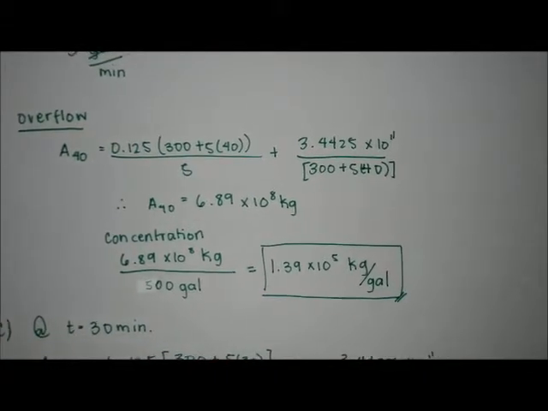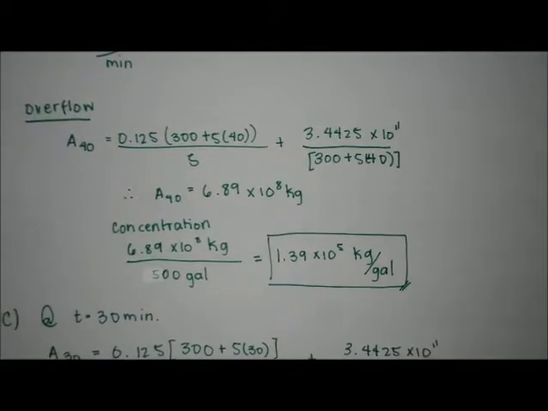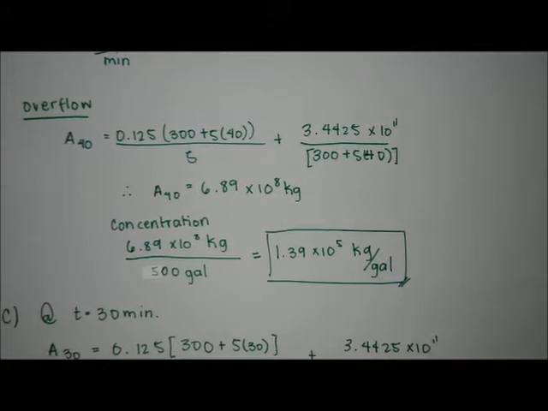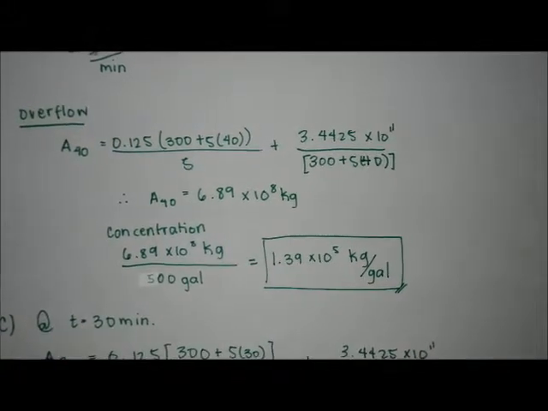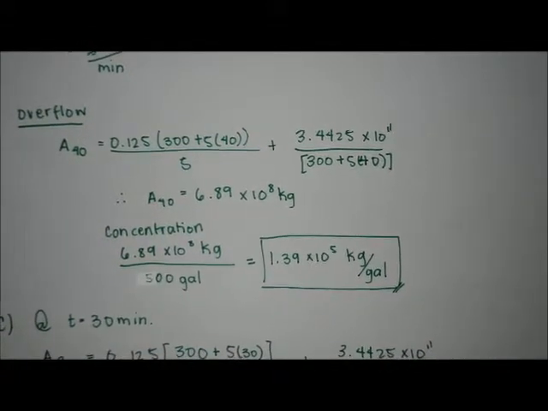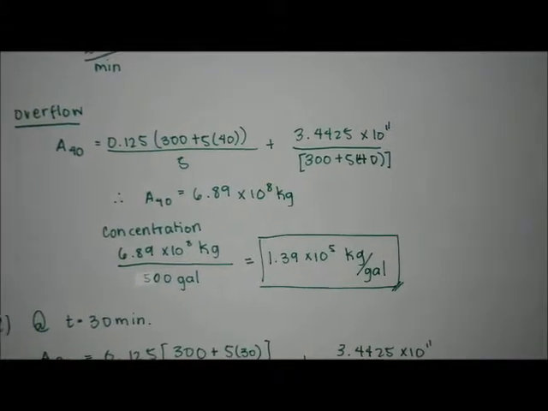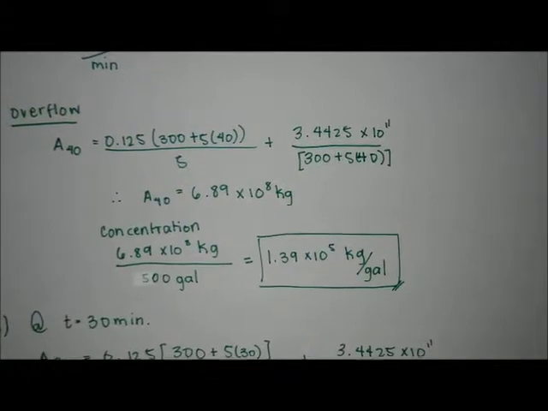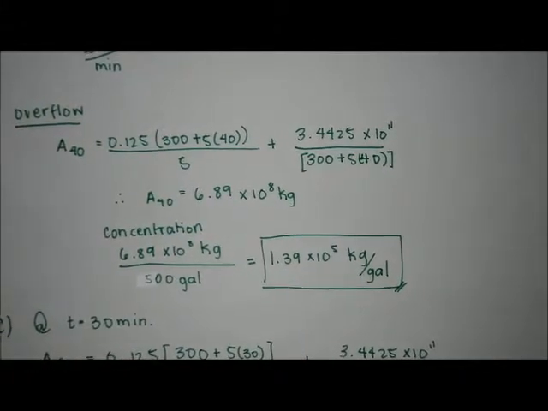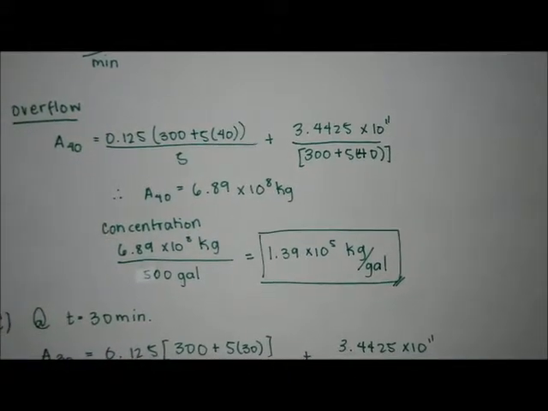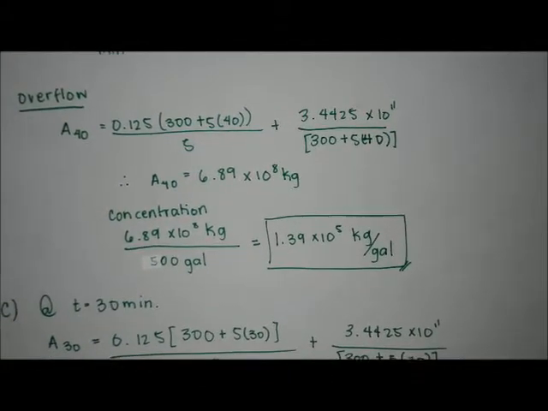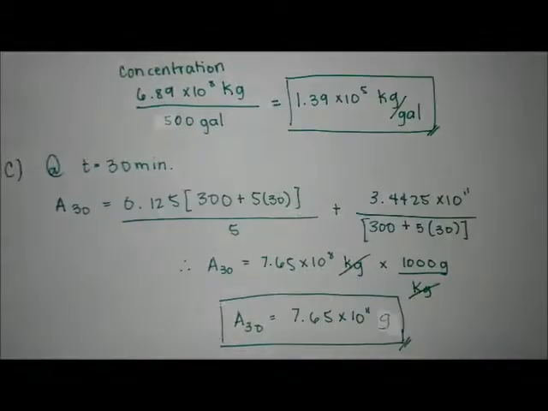So searching for the amount of solution inside the tank at the time of it overflowing, we'd be getting an amount of 6.89 times 10 raised to 8 kilograms. And then for the concentration, we just divide that by the maximum capacity of the tank, which is 500 gallons, and then we'd get 1.39 times 10 raised to 5 kilograms per gallon.